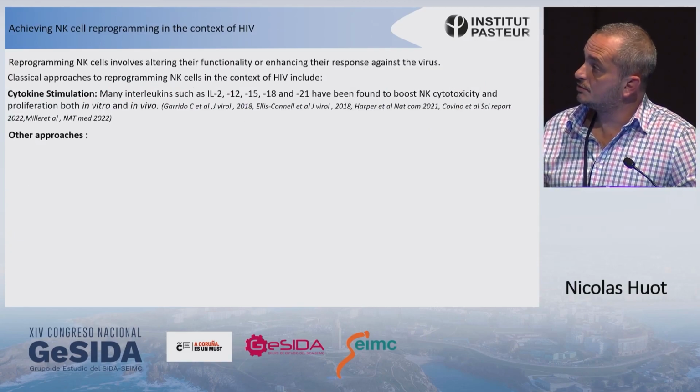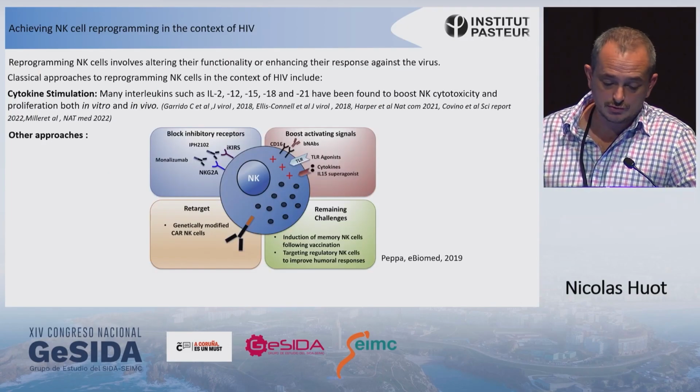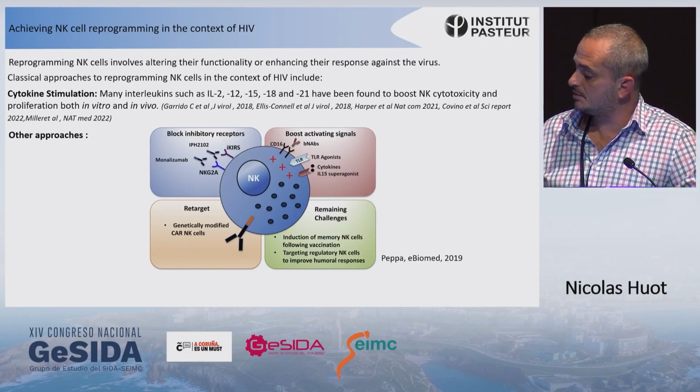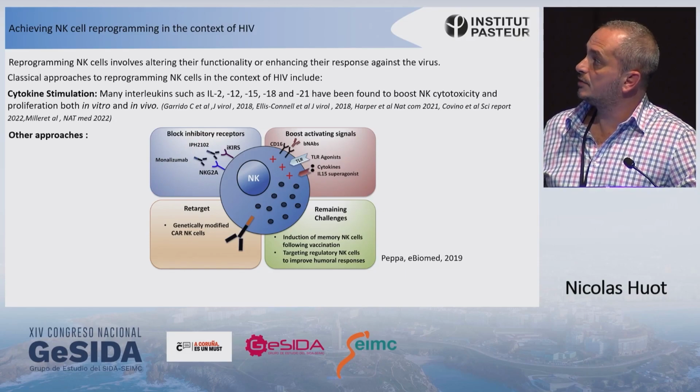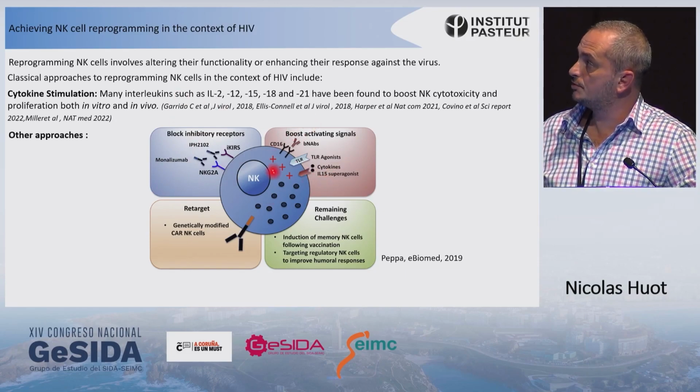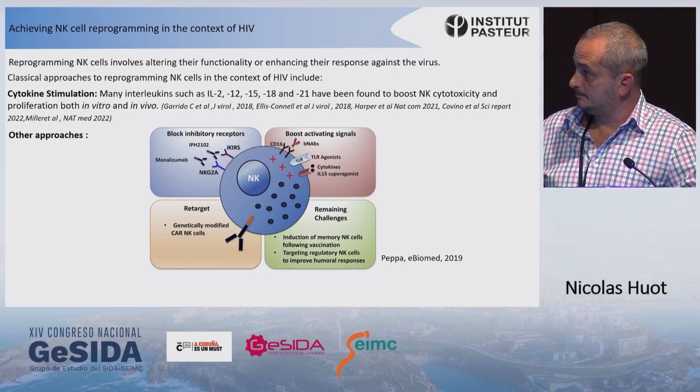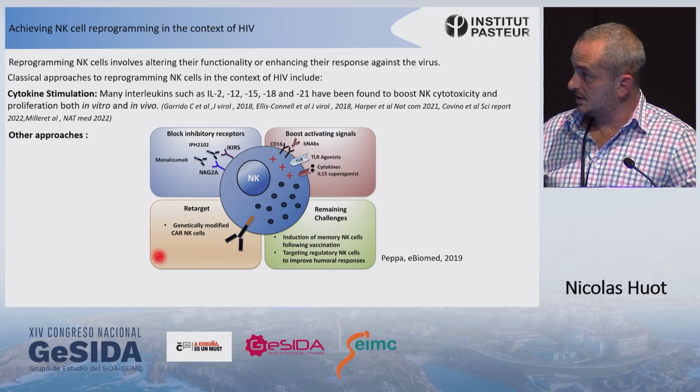Another approach to manipulate NK cells is to block the inhibitory receptor, such as NKG2A. There is an antibody currently available, which is called monalizumab. We can also boost the activating receptor using BNAbs, for example, to increase ADCC activity, or use TLR agonists. Finally, we can also genetically modify NK cells to generate CAR NK cells to target the infected cells.